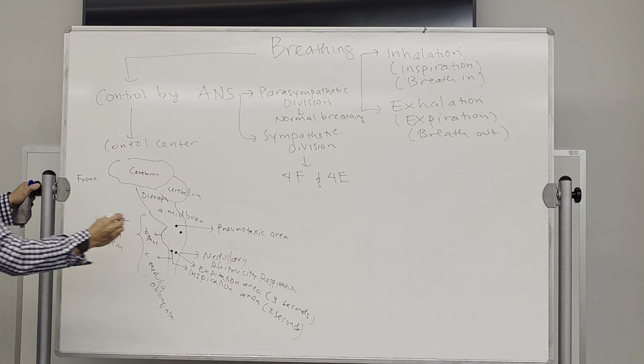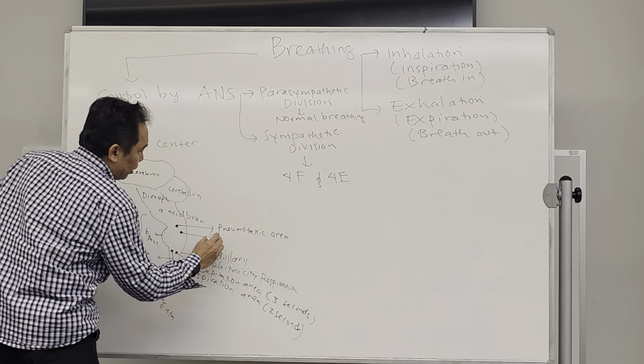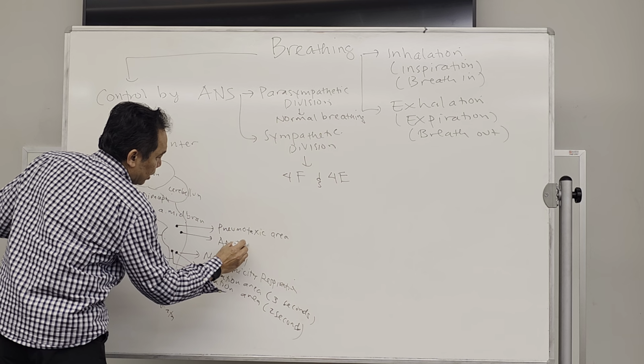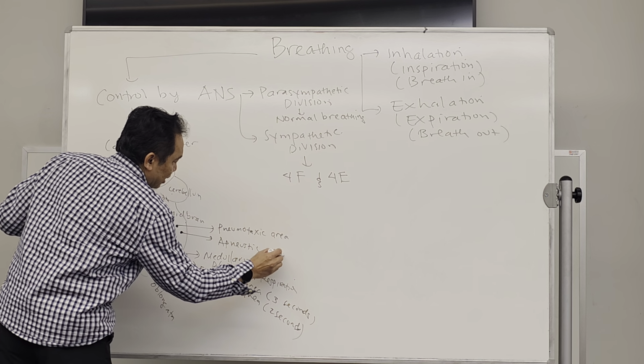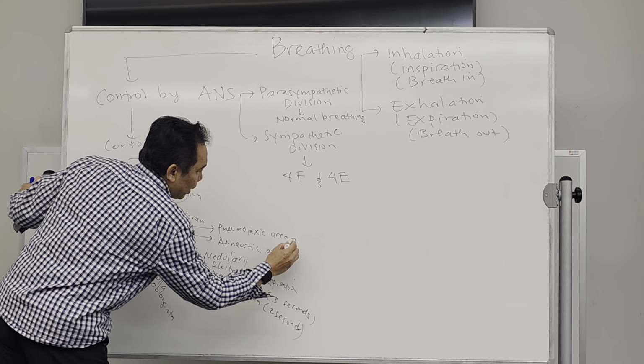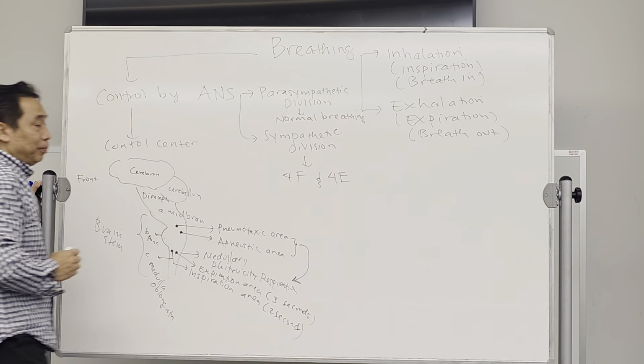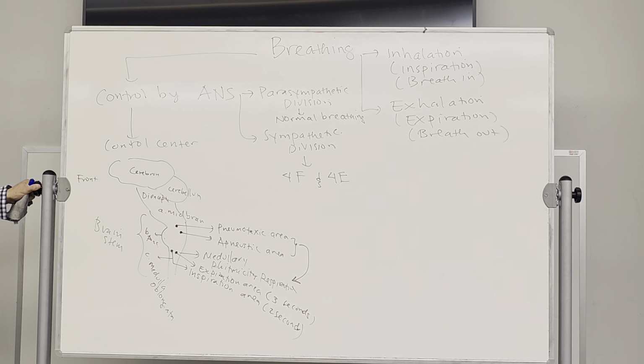And then the lower part of the pons has the apneustic area. Both of these areas help to control normal breathing. So there is a coordination between these four areas during normal breathing.